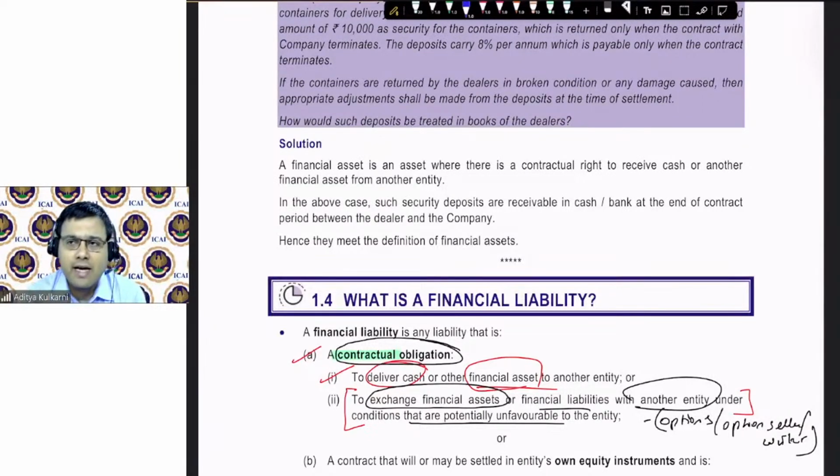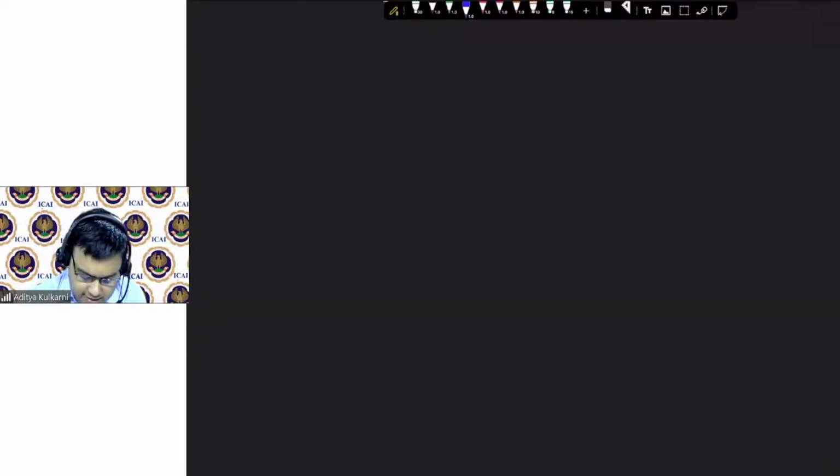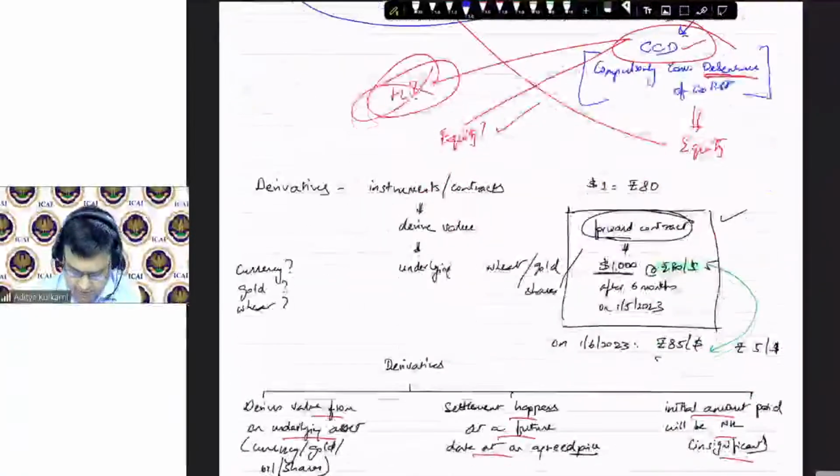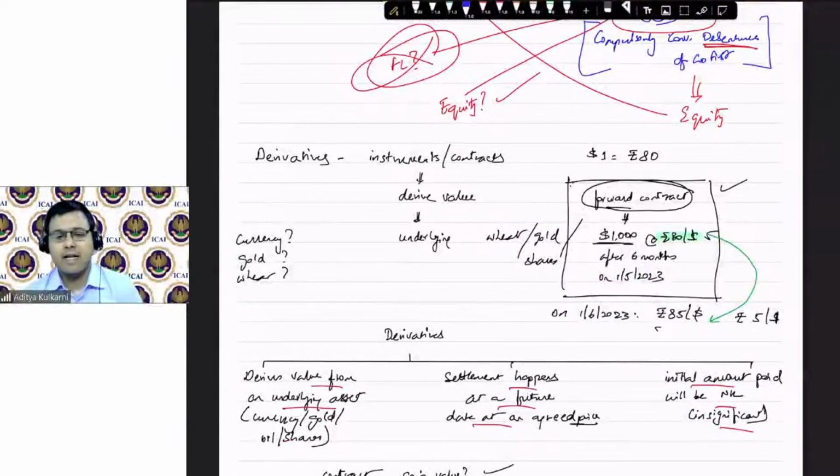Towards the closing, we started to discuss derivatives, and we saw the meaning of derivative contracts: deriving value from an underlying asset, settlement happening at a future date at an agreed price, and the initial amount paid is going to be nil or insignificant compared to the value of the contract.